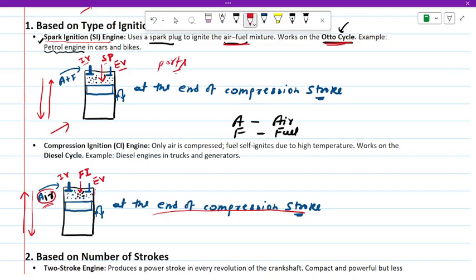The compressed air has a much higher temperature than the self ignition temperature of the diesel particles. So the combustion will take place, and then the power will be given by the engine. So there are two, SI and CI, and once again we can say this is petrol and this is diesel. This is the Otto cycle and this is the diesel cycle.